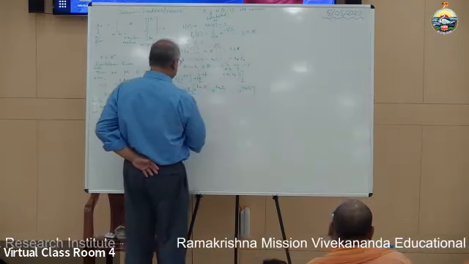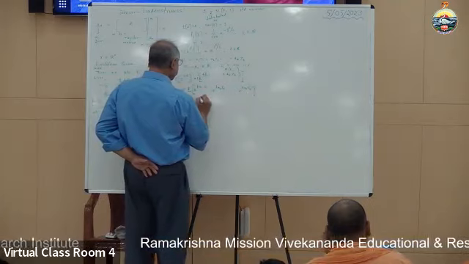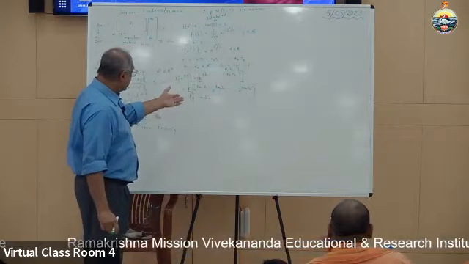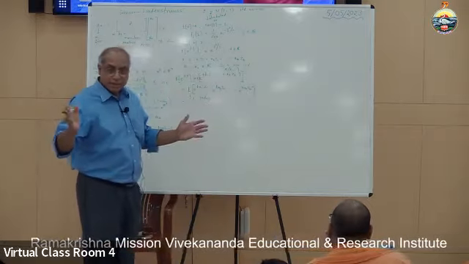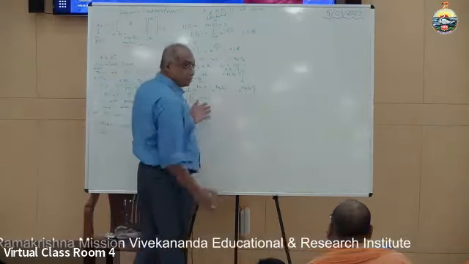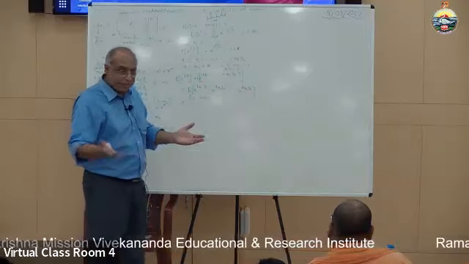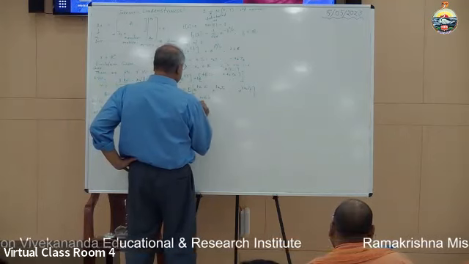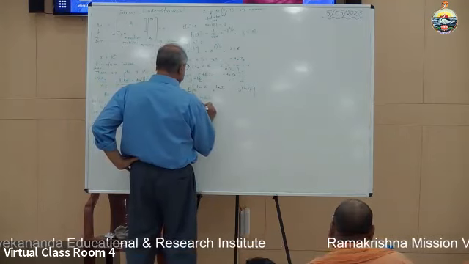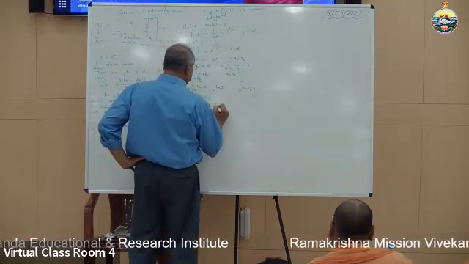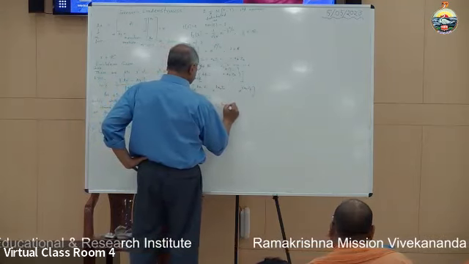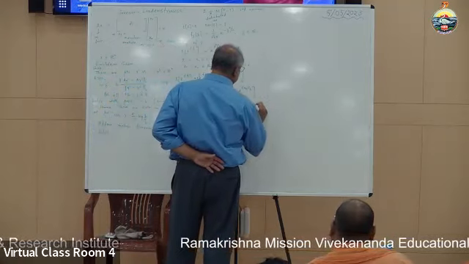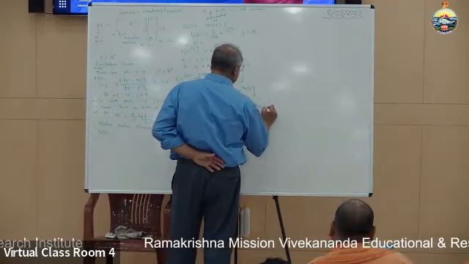Now by independence, since the Zi's are independent, the ai Zi's are also independent, and therefore the expectation of the product is the product of the expectations. So you can pull them out: the expectation of e to the power t a1 Z1, the expectation of e to the power t a2 Z2, and so on, up to the expectation of e to the power t ak Zk.